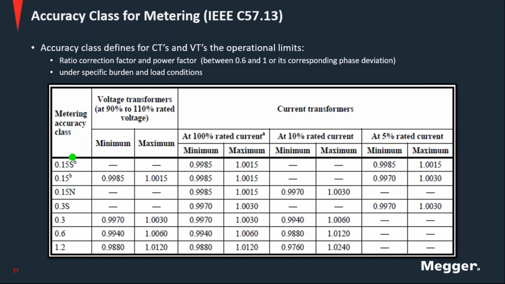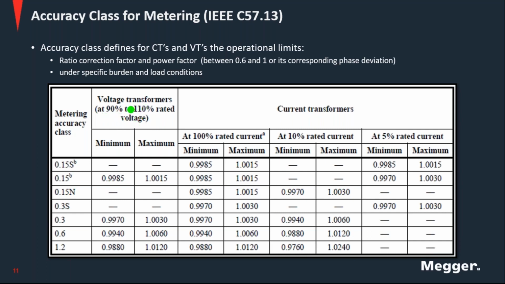We have a metering accuracy class definition here: 0.15, 0.15 and 0.3. This tells us the error magnitude, how big the error can be in the transformation of our primary signal, on the positive side and the negative side. So we have a minimum and a maximum, for voltage transformers and current transformers. And we also see that this is specified for specific load conditions.